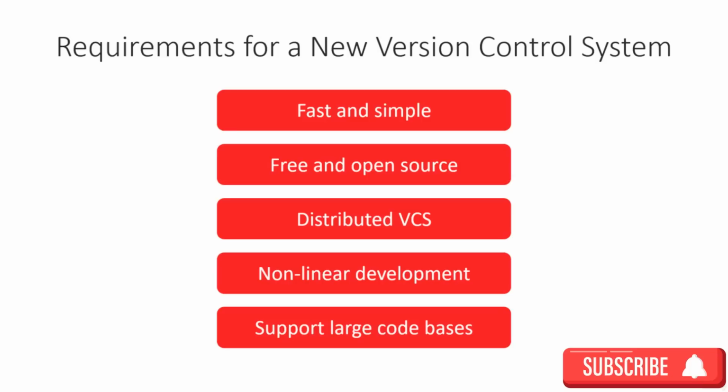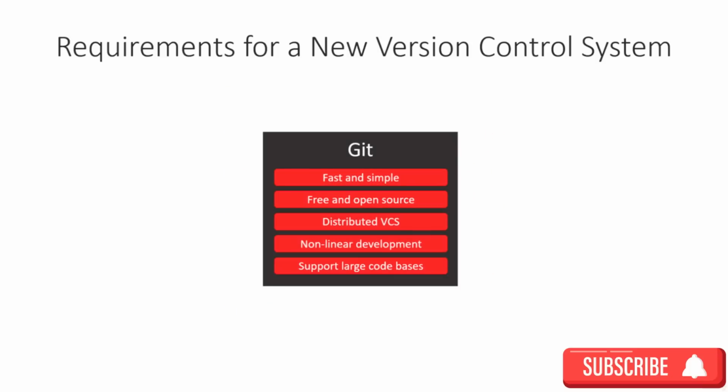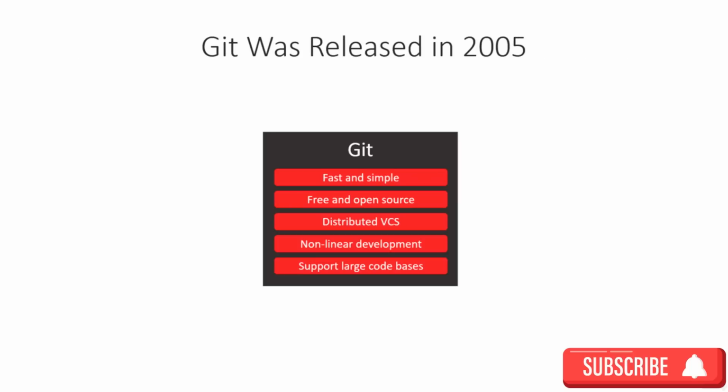So, these requirements and a few more made it into the distributed version control system that we know today as Git. Linus Torvalds and the Linux community were really fast, and Git was released already in the year 2005.